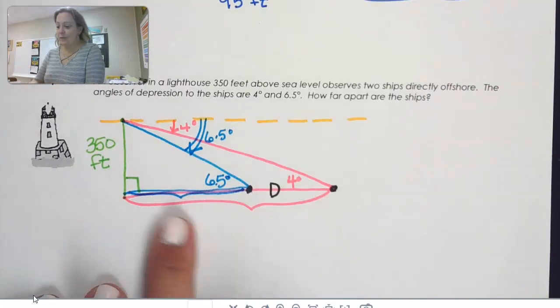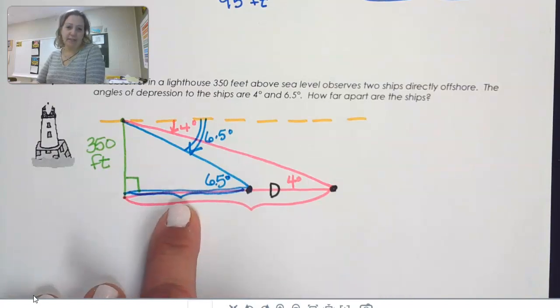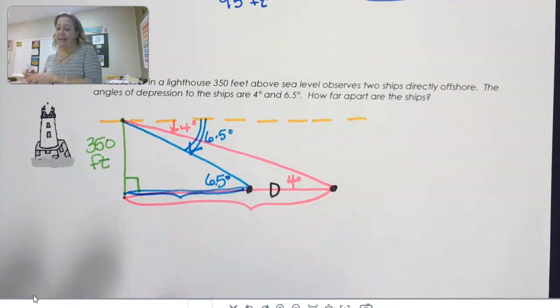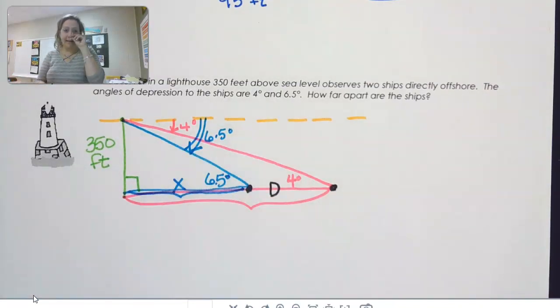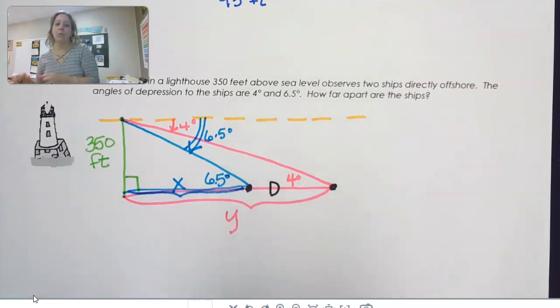And if I knew the side of the pink triangle, I could subtract off the side of this blue triangle to find that distance. So let me call this leg of the blue triangle X, and let me call this whole leg of the pink triangle Y. And I should be able now to set up some trig ratios because of those right triangles.